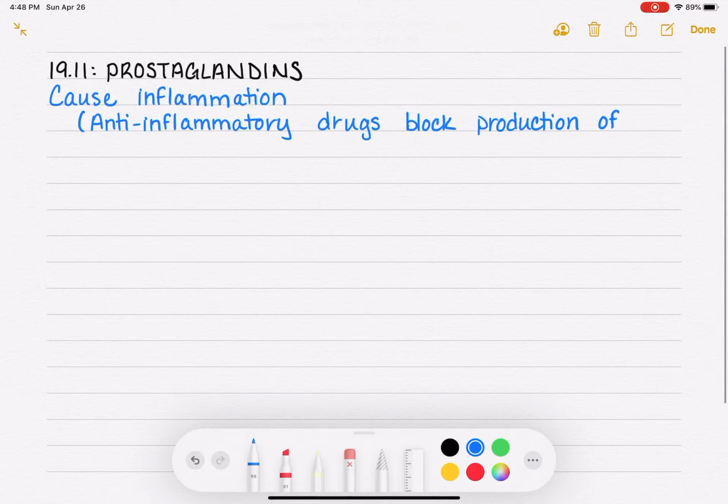So, if you are taking an anti-inflammatory, you are basically shutting off the swelling response by causing your body to stop producing prostaglandins, which are responsible for swelling. We also use prostaglandins to induce labor.